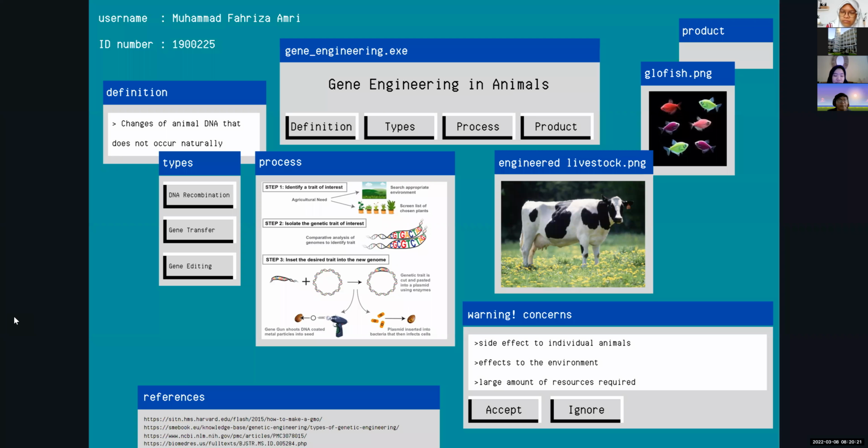Okay, that's the question from Anthony. Thank you very much, Fahriza, for answering. One more question from Hesti. Thank you. I want to ask Fahriza, if the genetic engineering is successful and it produces new individuals, is it possible that the new individual will, for example, have a disease, and that it will lead to a new disease?